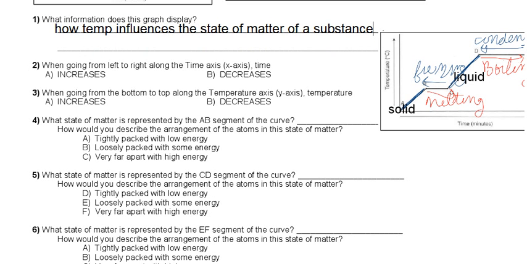On our graph, it doesn't tell us what the temperature is, it just says temperature. So we don't know what substance it is. It just is a substance.